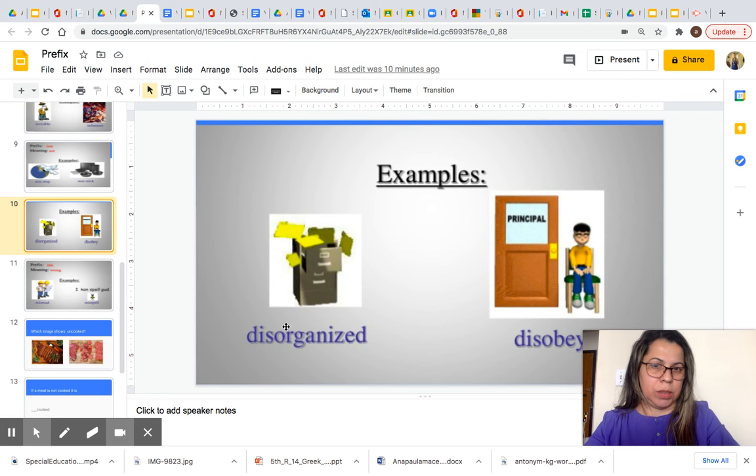Let's look at another prefix, dis. The prefix dis means not. If I add dis to the word organized, it means disorganized. Look at these cabinets, they are very disorganized.